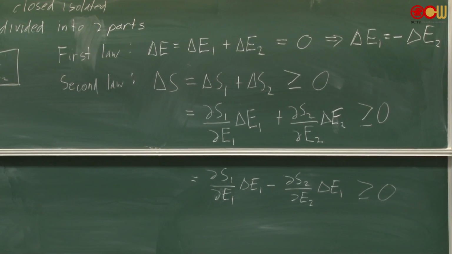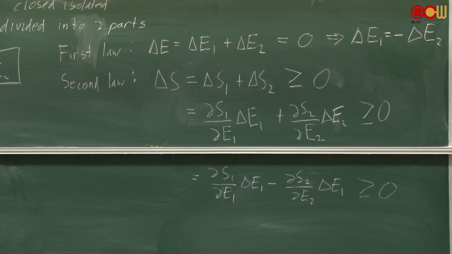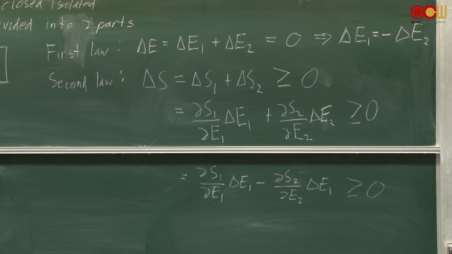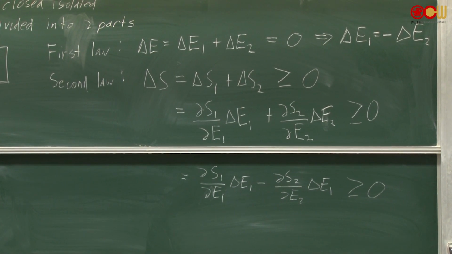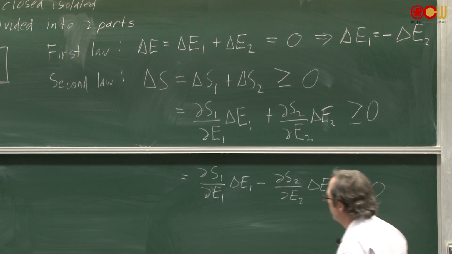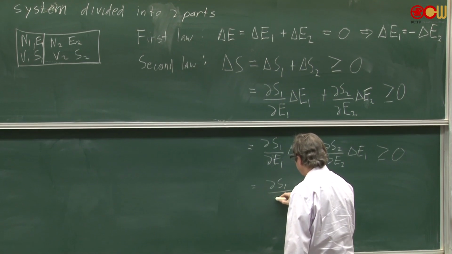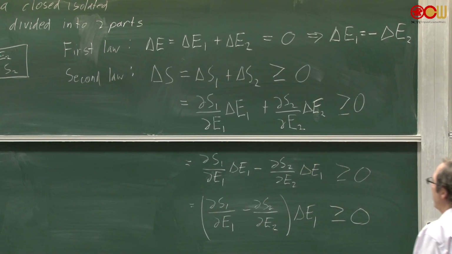All right, everybody see that? Yeah, everybody see where we got that minus sign from? That's because delta E1 is minus delta E2, or delta E2 is minus delta E1. And I can write this in the following way. All right, so I just pulled out the delta E1.